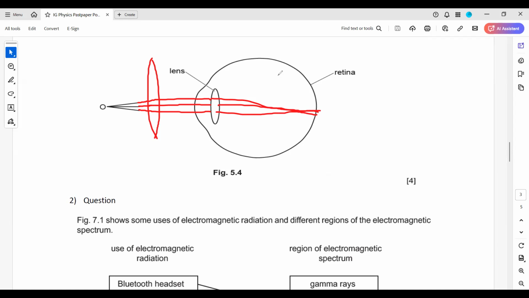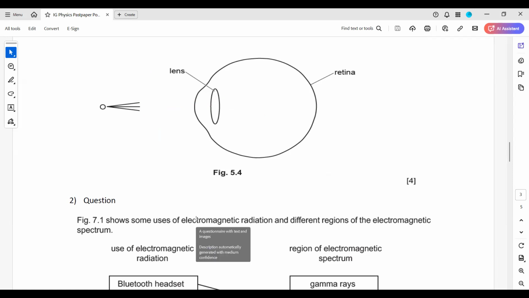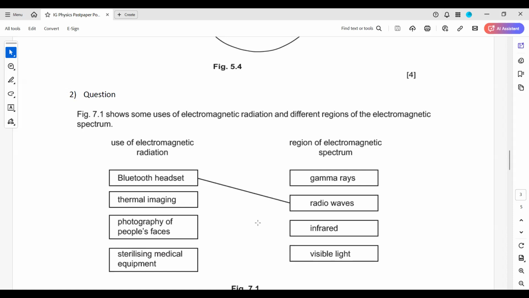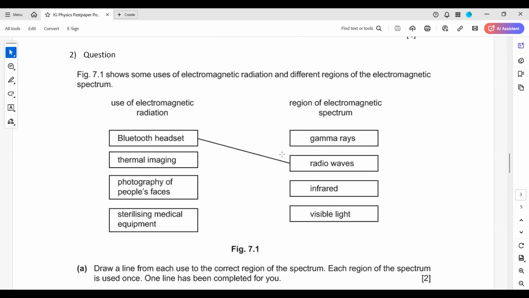Is it clear? So for defects of an eye, you have to practice these drawings. A converging lens or a convex lens is used for long-sightedness. For a lens diagram, for the image formed by a convex lens, you can use a line, but not here. Here you have to draw the lens because you have to show which lens is used.